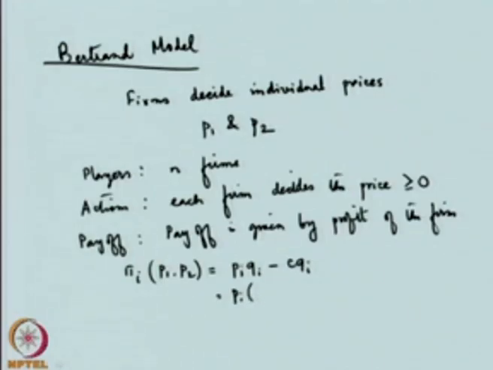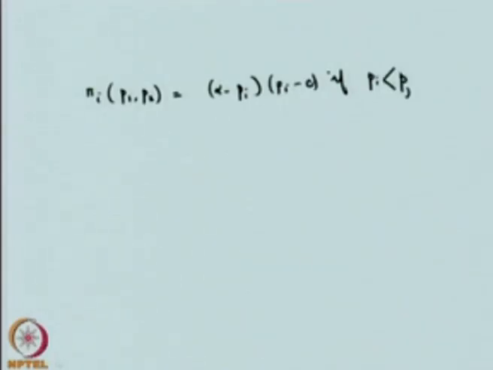Q is nothing but the market demand, which is given by alpha minus Pi, and so this is equal to (alpha minus Pi)(Pi minus C) if Pi is less than Pj.